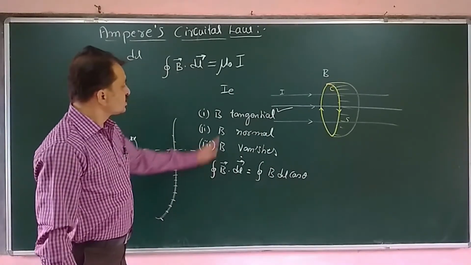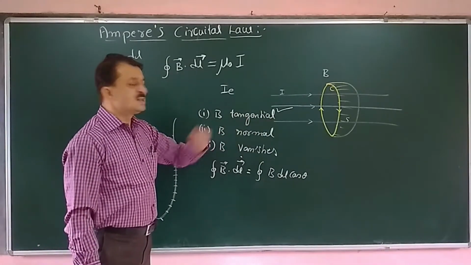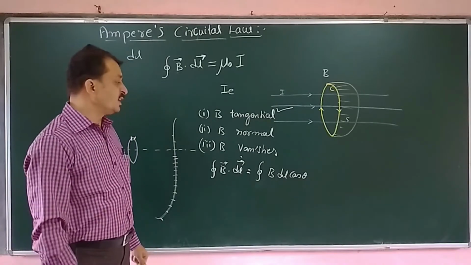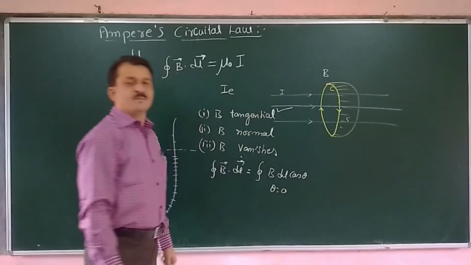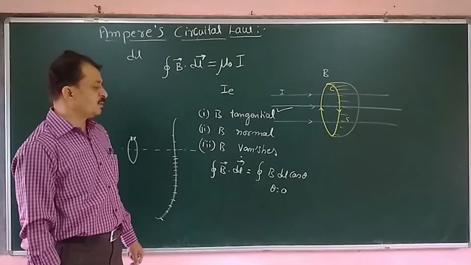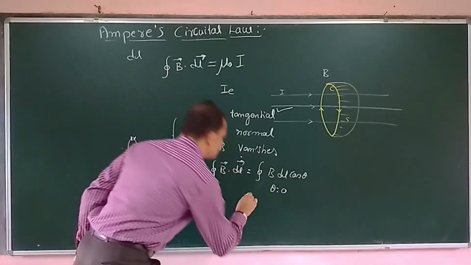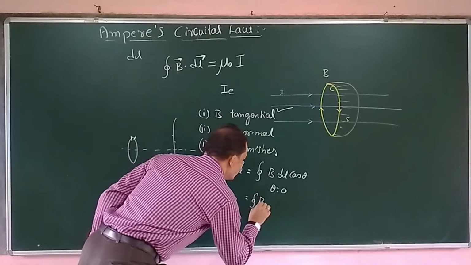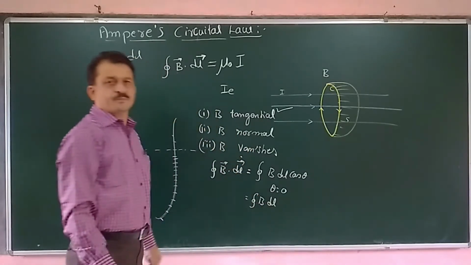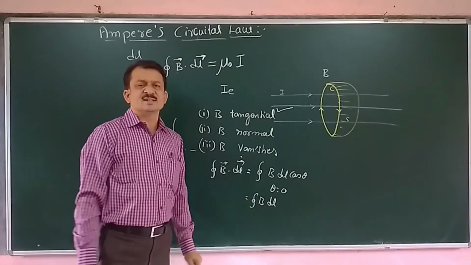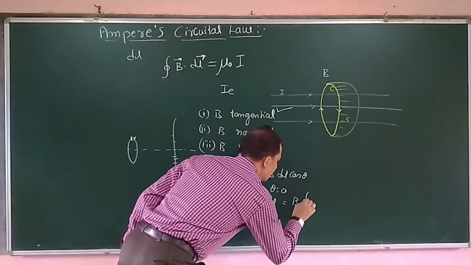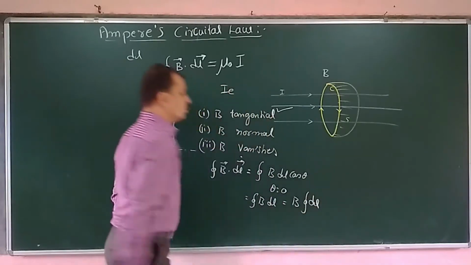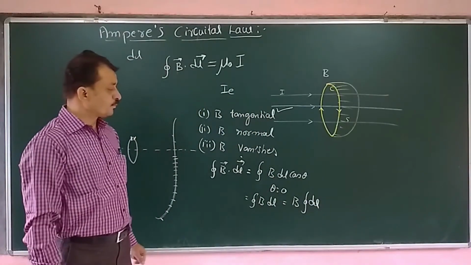Since the field is tangential to the length of the current element, theta is equal to 0. Therefore, the integral becomes only B into dl. So here the magnetic field is constant. Therefore, the integral applies only to the length of the current element.